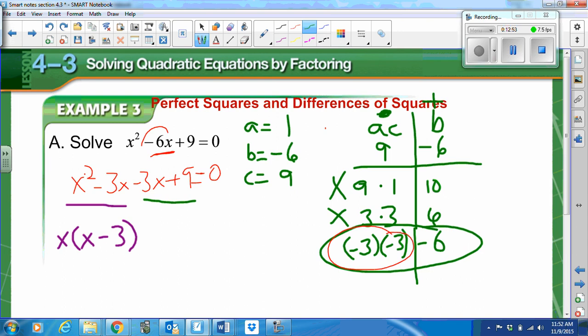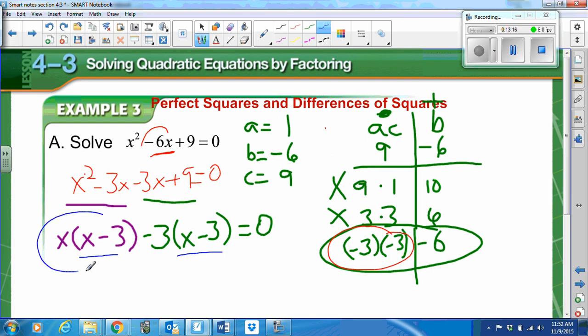And I want to make sure that if this first term is negative, I'm going to pull out a -3. And when I pull out a -3, it becomes x minus 3 equals 0. Now when you factor this way, these two factors will always match. And so when you look at the purple term, which is this whole thing, and you look at the green term, which is this whole thing, you say, well, what do they have in common?